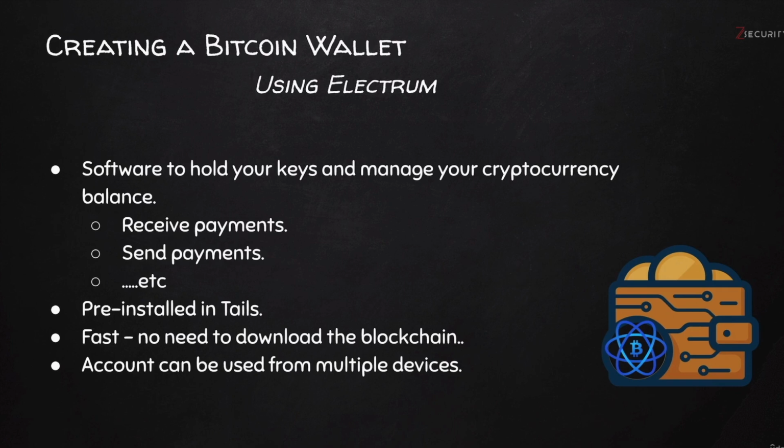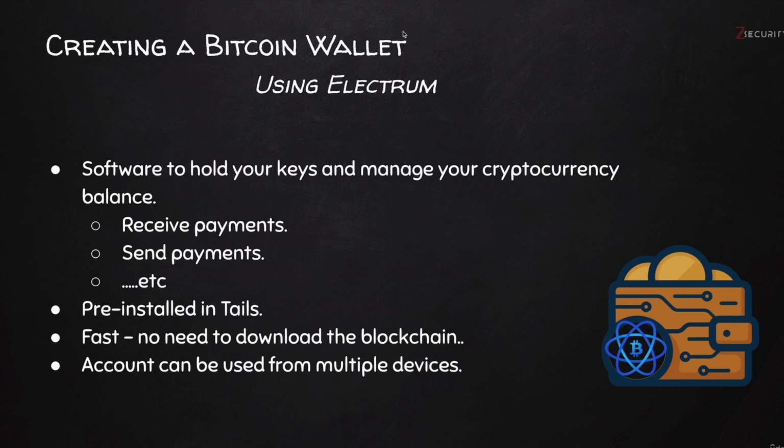It uses an indexed version of it, so you can use it as soon as you download or launch the program. And the wallets that you create with Electrum can be used from separate computers. So, for example, if you destroy your Tails build, you can just go to another Tails and be able to restore your account, and I'll show you how to do that later on in the course.